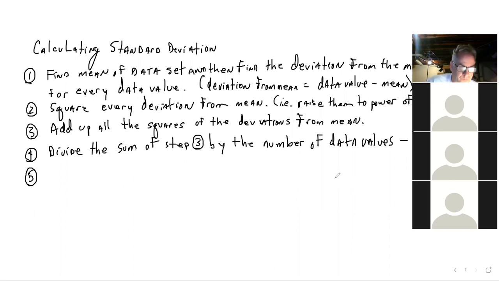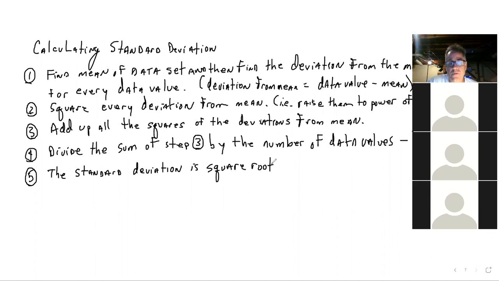Now, the standard deviation, we're finally at the last step. The standard deviation is this, and because we had squared everything in that second step, to undo that, I'm now going to take its square root. So the standard deviation is the square root of the quotient.